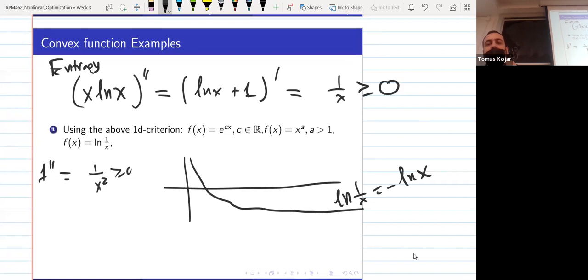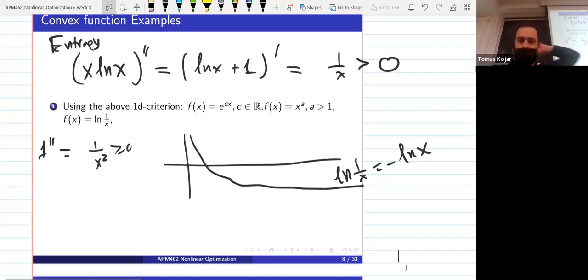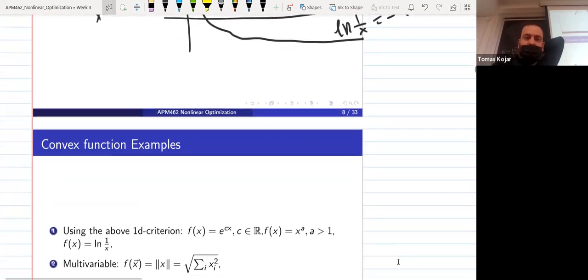And this is non-negative. So this is called the entropy function. No infinities. Question? All right, this is 1D so far.